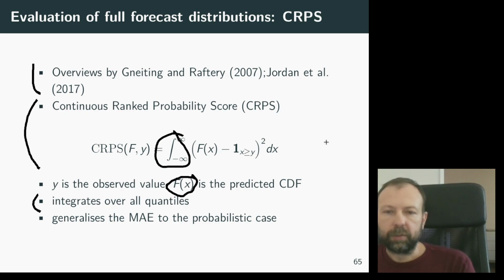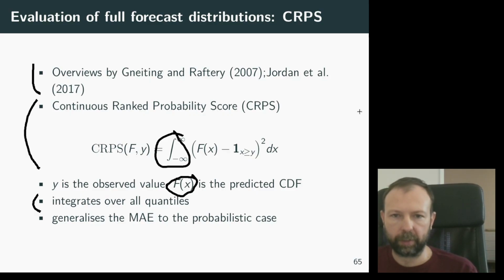So you see this integration, you need the full CDF to be able to compute CRPS, right? So that's why if you have a model like DeepAR or GBM-LSS, they give you a full distribution, so you can use CRPS for the evaluation. But if you run a quantile regression that gives you just one quantile, then you cannot use CRPS.